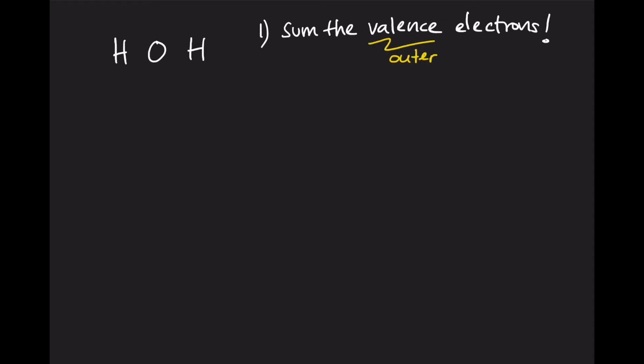One of the first things that you should do is to sum the valence electrons. We have also discussed valence electrons, meaning the outermost electrons at the outermost shells. So H has 1, oxygen has 6.